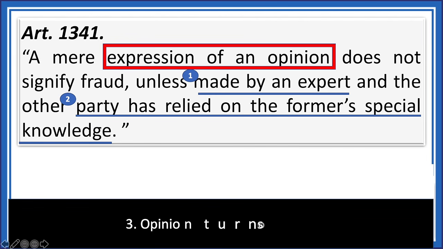And third, the opinion turned out to be false or erroneous. So, unless hindi naman siya expert opinion, yung mga opinion mo lang, halimbawa, is yung iyong lupa, and in your opinion, your land is actually a first class. But then later on, it turns out to be second class lang pala. So, the sale is not fraudulent.